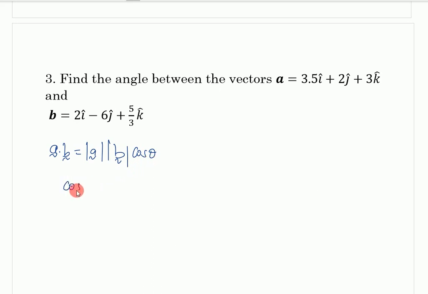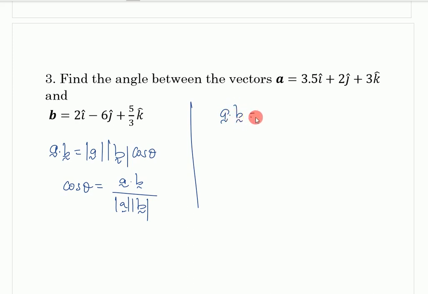So you have that cosine of theta is equal to a dot b divided by magnitude of a times magnitude of b. So what we need to do here, we need to get the dot product, and also get the magnitudes of the individual vectors. So first of all, we shall get the dot product.